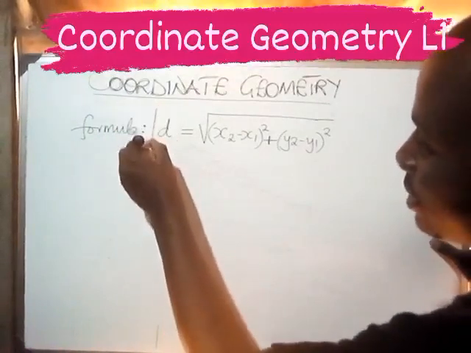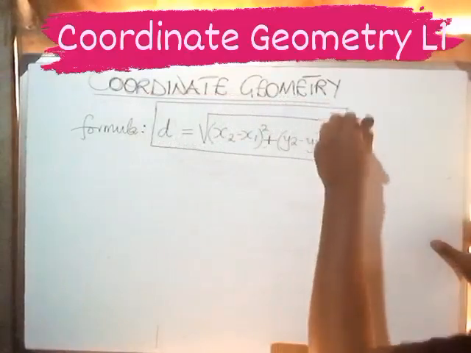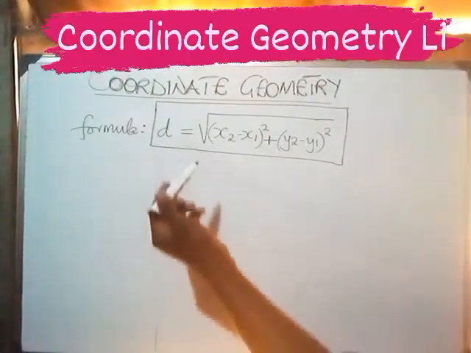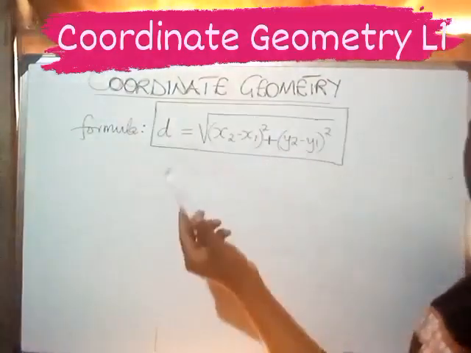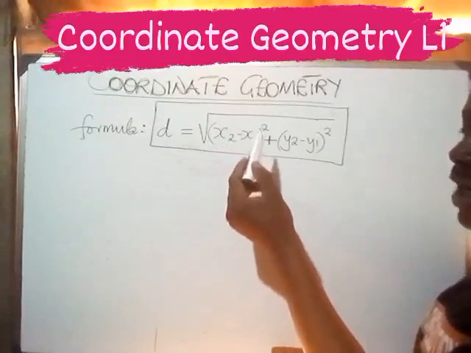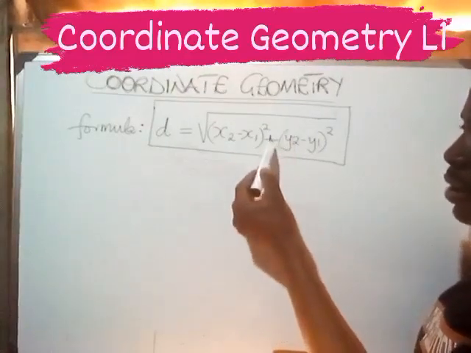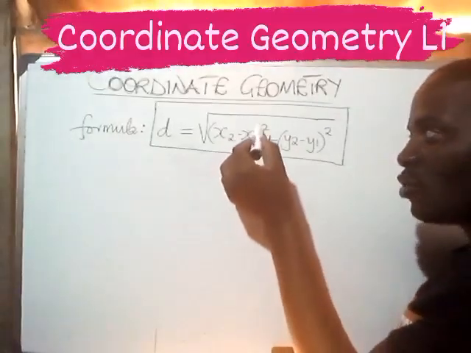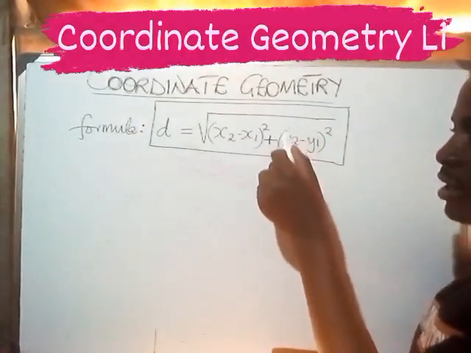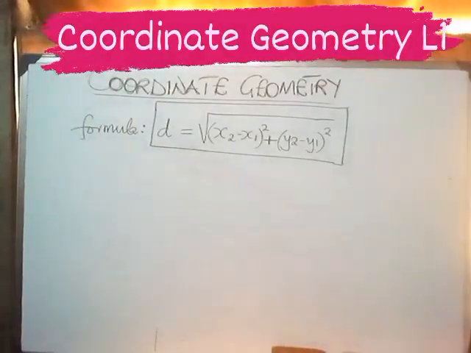The distance of the line is the same as saying the length. So the formula is that distance is equal to the root of, open bracket, x2 minus x1, whatever you do in the brackets, then you square it, then you go to plus y2 minus y1, close bracket, you square it.